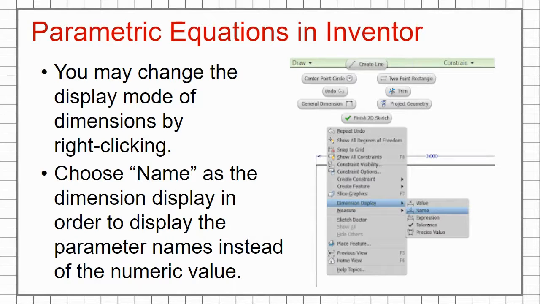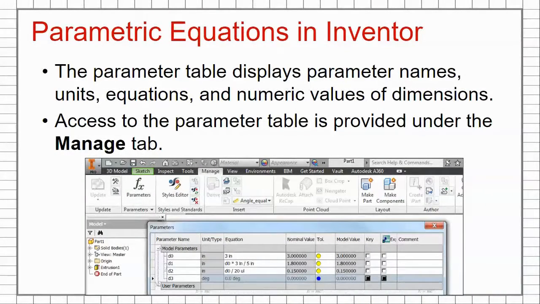When you're looking at sketches in Inventor, you can change the display mode of dimensions by right-clicking and choosing Name as the dimension display in order to display the parameters instead of the numeric value. As you create dimensions and parameters, they're actually being recorded in a table called the parameter table.